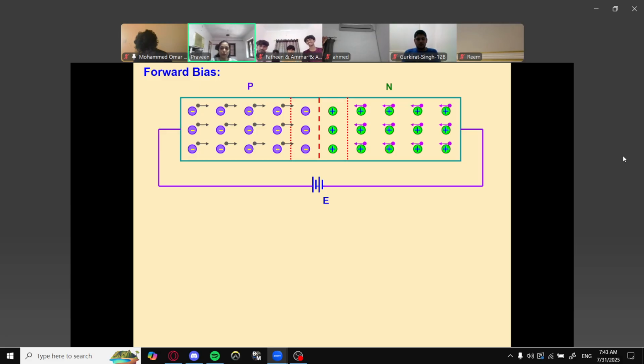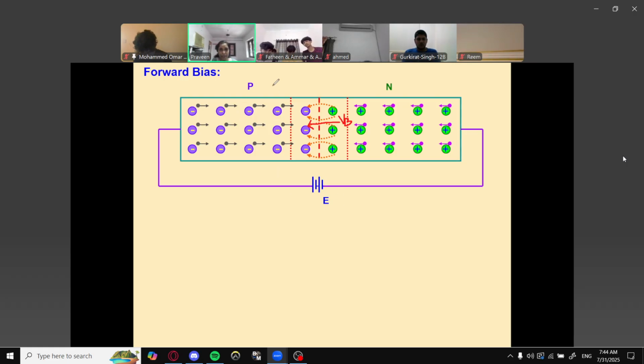Okay, so see over here, at the junction, one side is positive, the other side is negative. So the direction is from positive to negative. Here the direction is from here to here. This is the direction of barrier potential. We may call it VB.